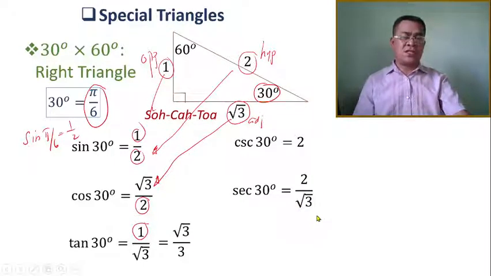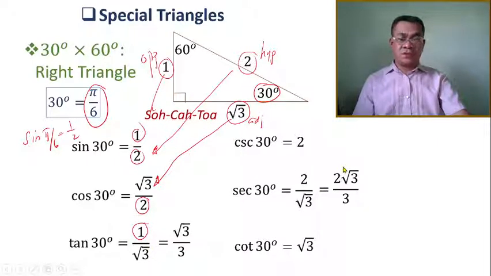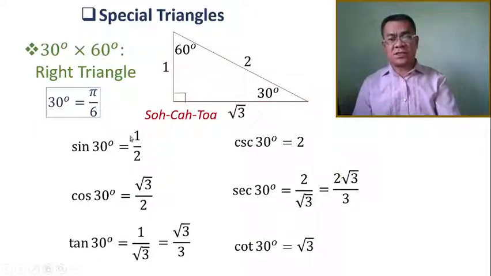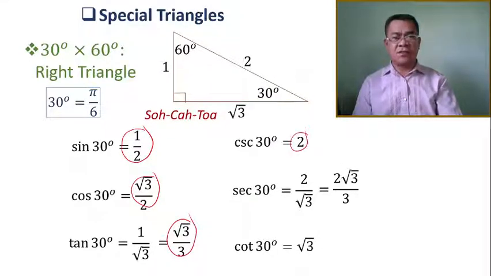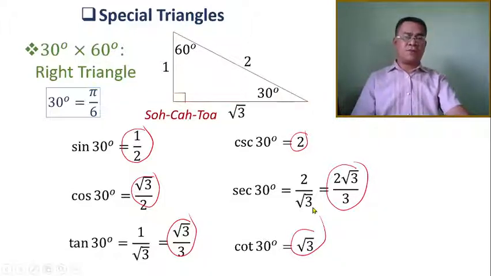Then rationalize the denominator, and we come up with a result of 2 square root of 3 over 3. For the tangent, the reciprocal is cotangent, so the cotangent of 30 degrees is square root of 3. Okay, so these are the answers, the 6 trigonometric functions of the 30 degree angle. And take note, this is exact, while our calculator will provide again the estimated or approximated value.